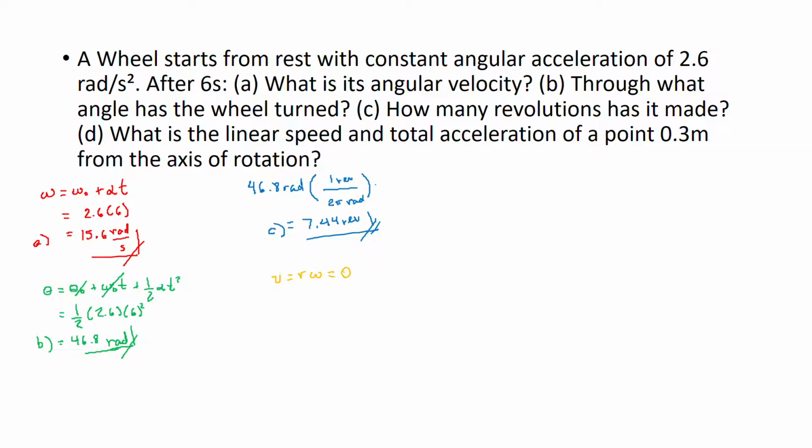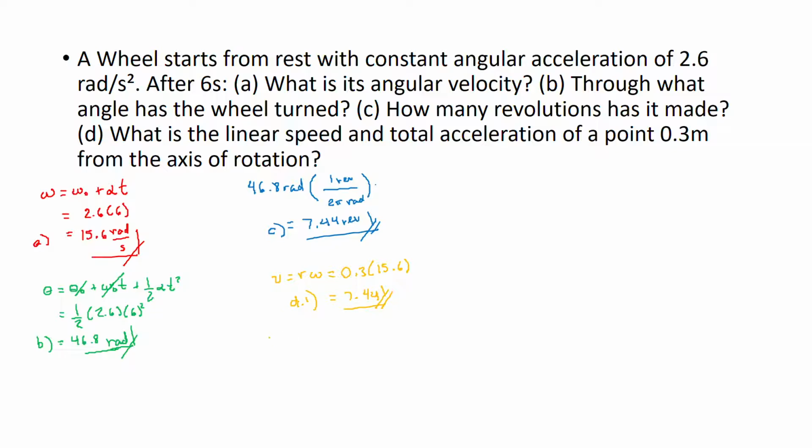That's 0.3 times 15.6, and the result of that is going to be 4.68. And this is the linear speed. Okay, this is one part of the result. I'm going to call it D.1. Here you are.